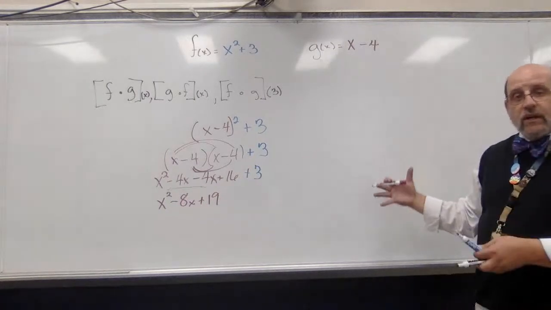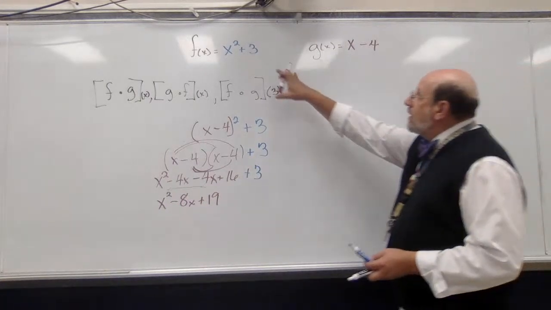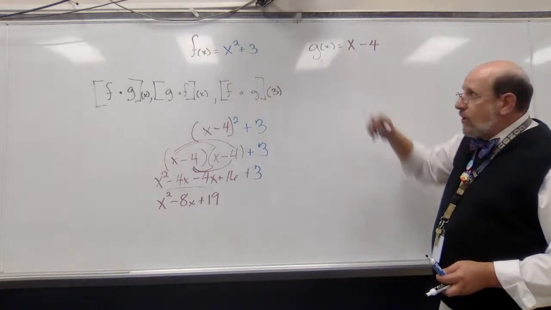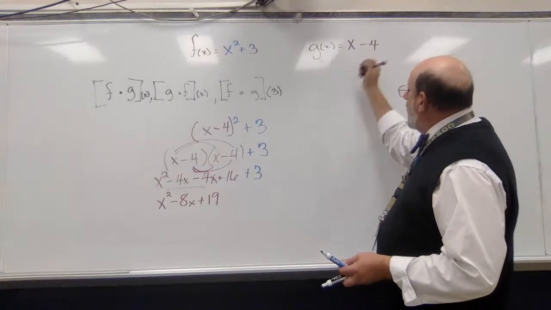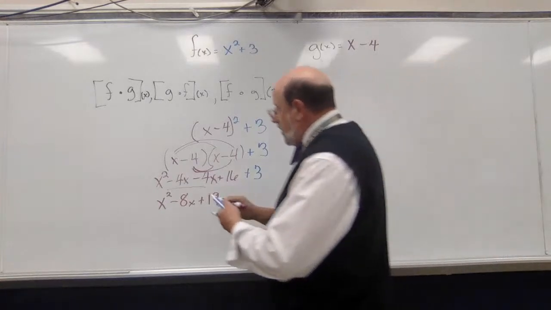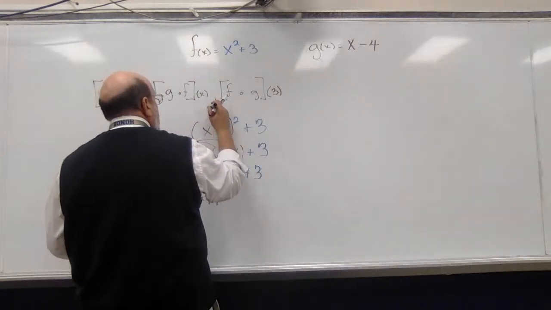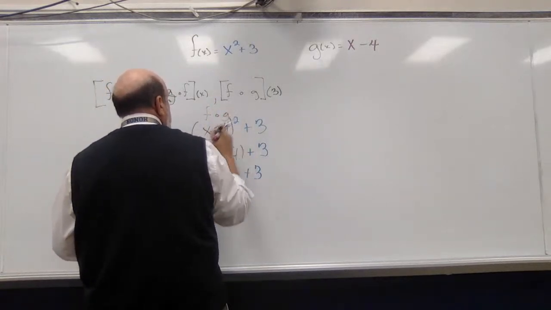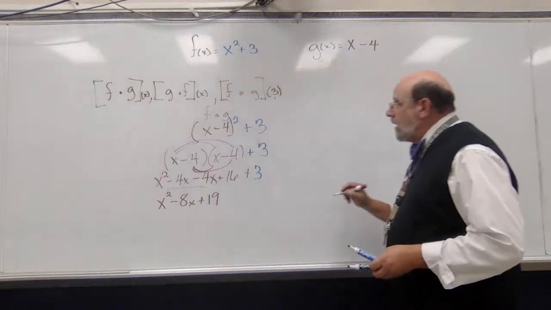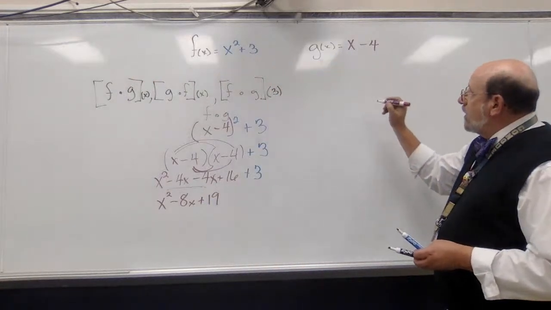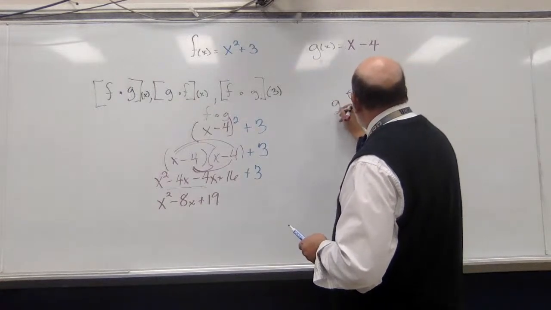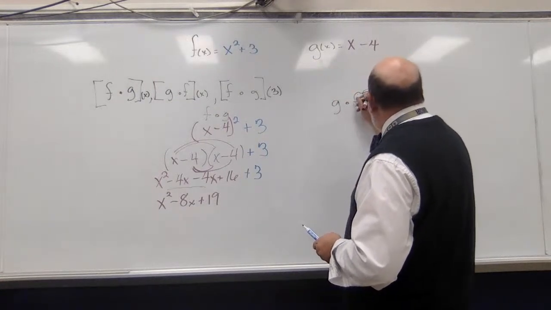I'm going to move over here, and now I'm going to put this function in wherever I see an x in this function. So I'm going to start by writing out f composed with g, f of g. All right, now I'm going to do g with the composition of f.